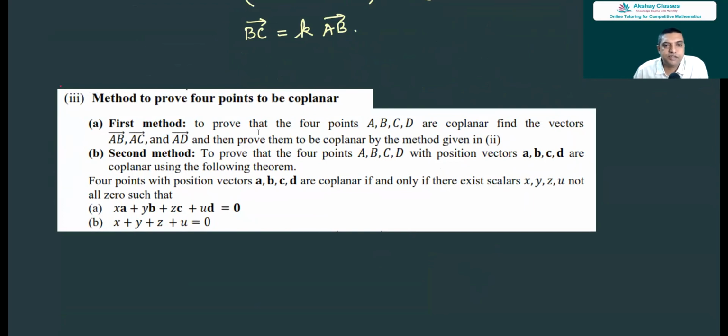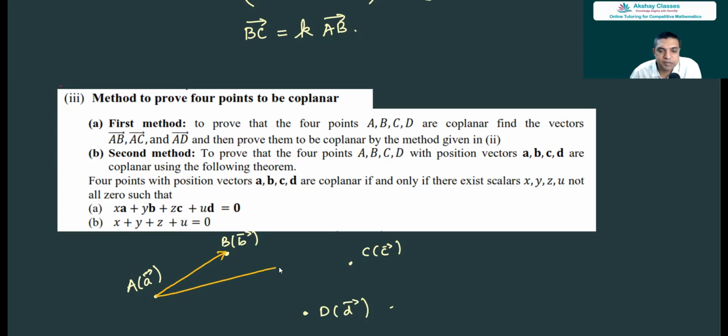First method is, again, the same. If 4 points are there in a plane, A bar, B bar, C bar, and D bar, then what happens?